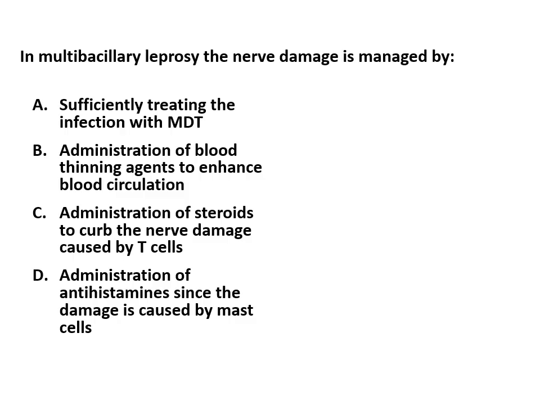I'll give you a moment to think about this question, but take into account what we've discussed today and how the disease is caused, what really causes the manifestations, whether it was for leprosy or for tuberculosis.